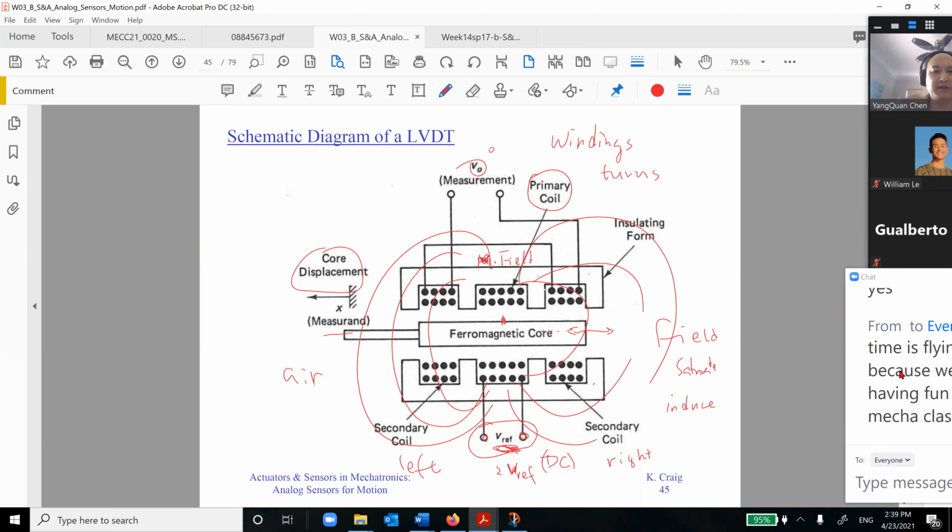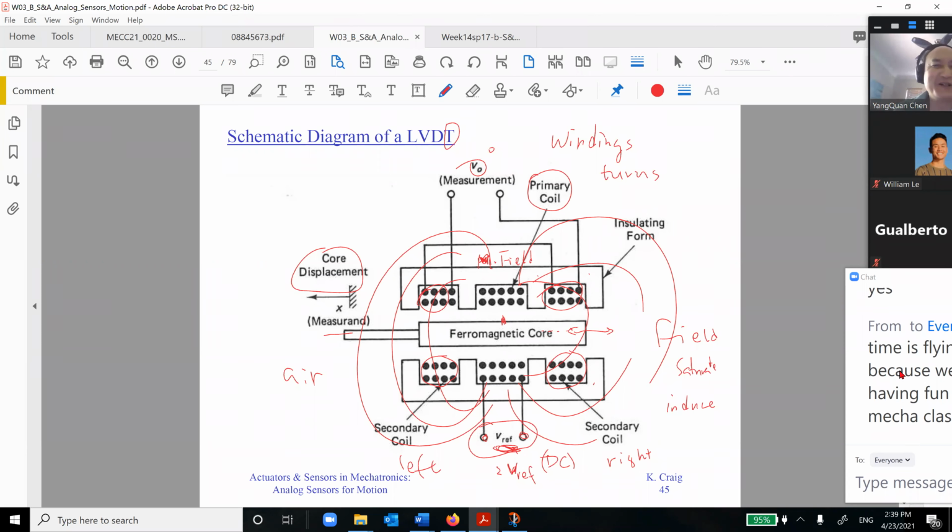So when you have motion in this ferromagnetic core, then the secondary coils will generate the induced voltage output. This is the working principle of the LVDT, where the T stands for transformer.